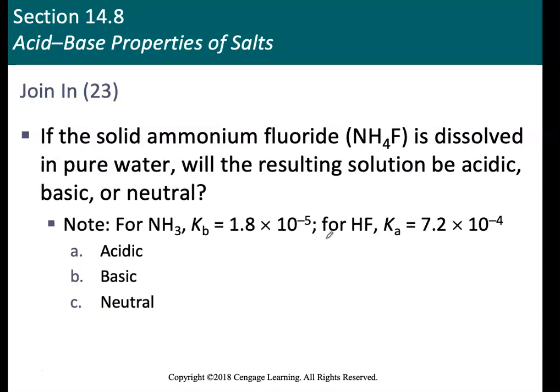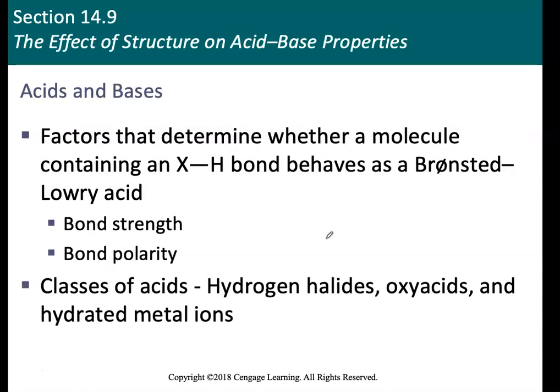Okay, let's go on to the next discussion, and that is the effect of structure on acid-base properties. Looking at the structure of acid-base, these are the factors that determine whether a molecule containing an HX bond behaves as a Bronsted-Lowry acid.